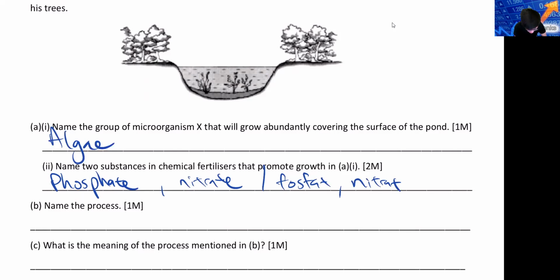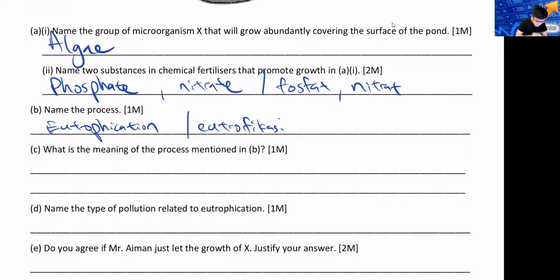So name the process. This process is called eutrophication. Okay, eutrophication. So C, what is the meaning of the process mentioned in B? Okay, so what's the meaning of eutrophication? Eutrophication is when you have algae growing on the surface of pond, right?